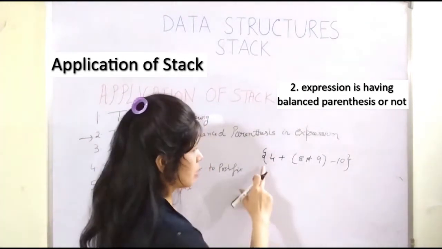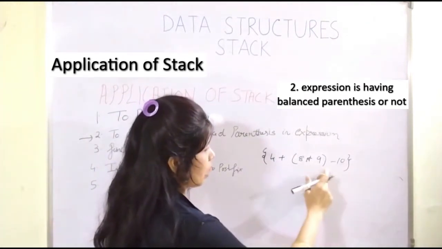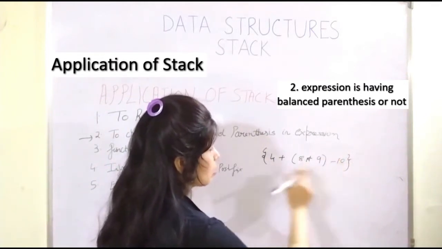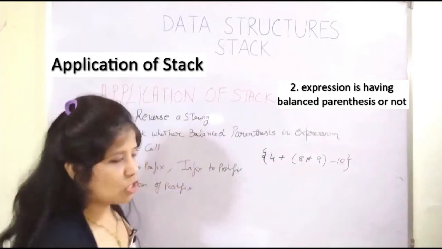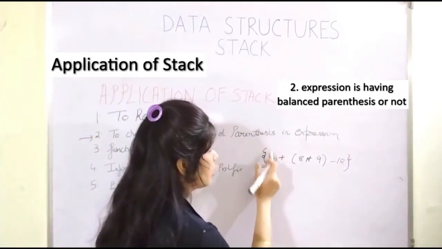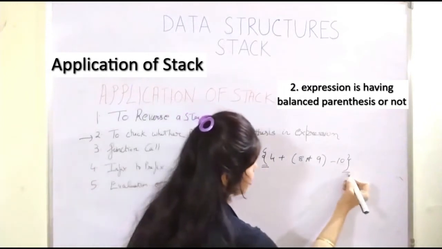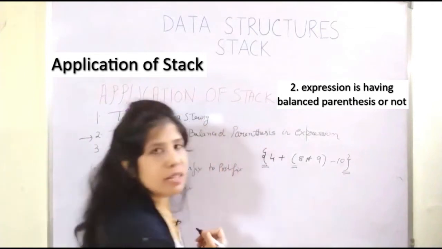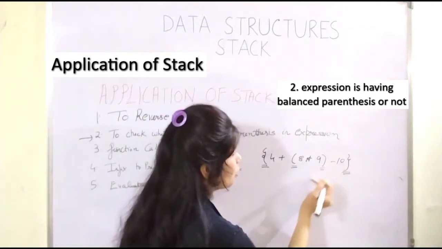You know what parentheses are: these curly braces, and these round brackets, opening and closing. So you have to see whether this expression has balanced parentheses, that is, this opening curly brace has its associated closing curly brace, and this opening round bracket has its associated closing round bracket.